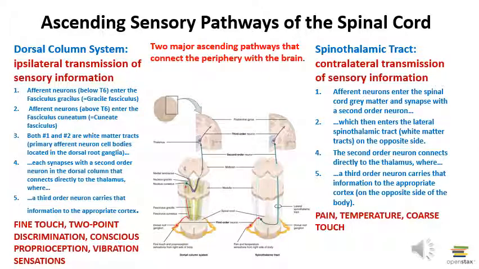At that point, a third order neuron, number 3 in the list, will carry the information to the appropriate cortex. So there are going to be 3 afferent neurons involved. One afferent neuron carrying the information directly into the spinal cord, another carrying the information to the thalamus, and the third carrying the information to the appropriate portion of the cerebral cortex.